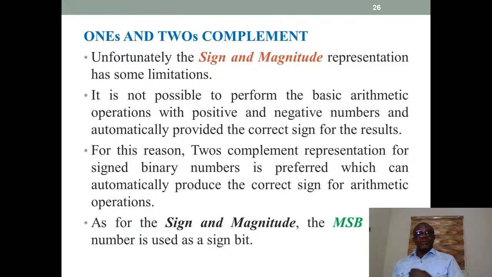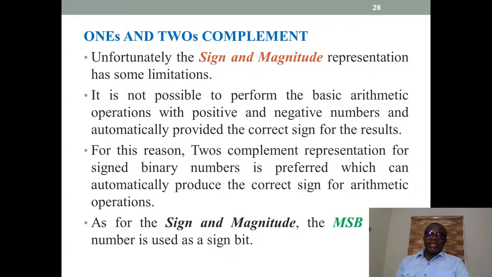Then we continue. We have said that in the sign and magnitude, the most significant bit, when it is 0, becomes a positive number. When it is 1, it becomes a negative number.